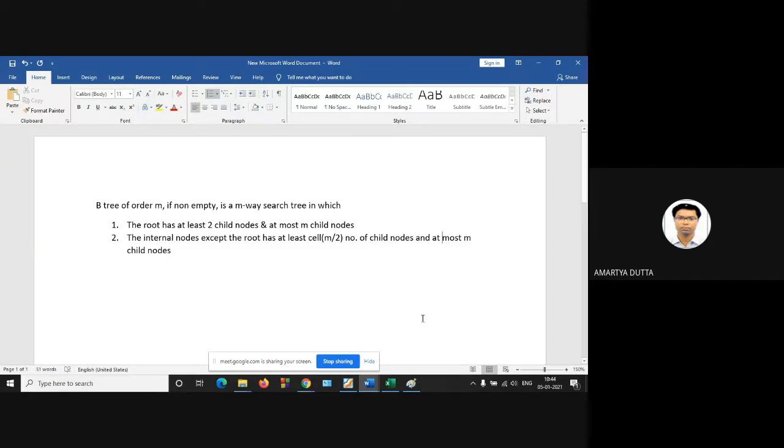So the root has at least two children and at most m children, and all internal nodes other than the root have at least ceiling of m by 2 child nodes, and at most m child nodes.